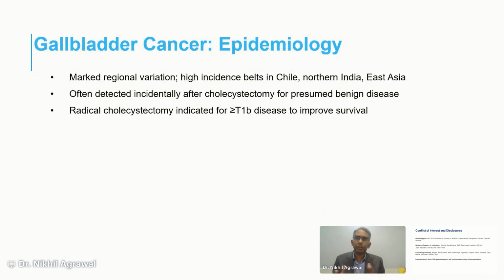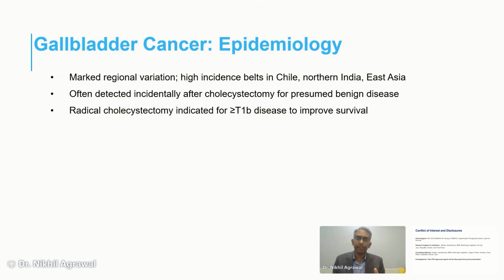Now, when we talk about application of these techniques to biliary tract cancer, we'll talk about gallbladder cancer, intrahepatic cholangiocarcinoma, perihilar cholangiocarcinoma, and distal cholangiocarcinoma. Gallbladder cancer has marked regional variation. It has a high incidence in our country, especially in our belt.